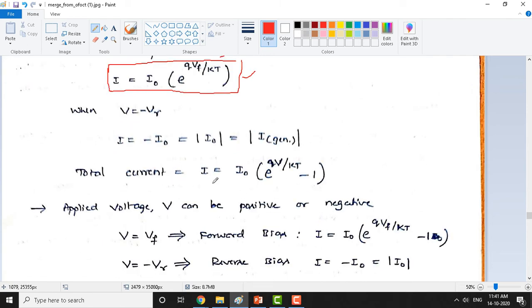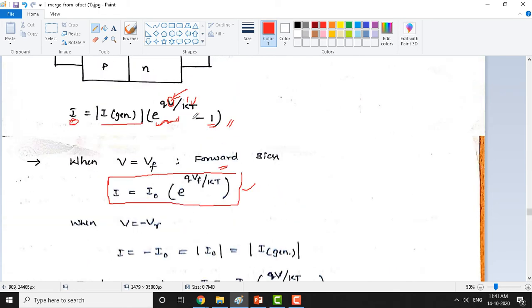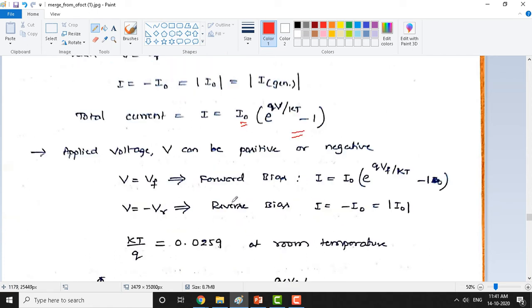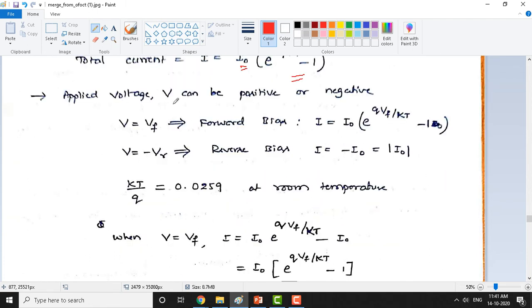Now the total current is the sum of the forward and reverse bias currents, that is, the diffusion and drift currents. If you add these two together and take I naught out as a common factor, you get the total current flowing in the PN junction as I naught times e to the power qV by kT minus 1. The applied voltage V can be positive or negative, and accordingly we make these changes. kT by q, you have to remember this value also.